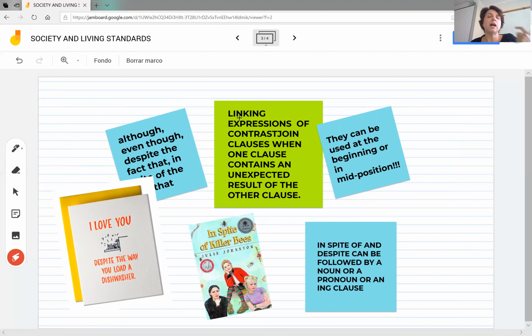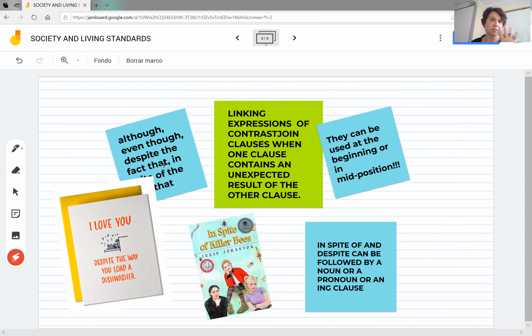And then what we're going to do is we'll look at linking expressions of contrast, which join clauses when one clause contains an unexpected result of the other clause. So we have words like here, although, even though, despite the fact.